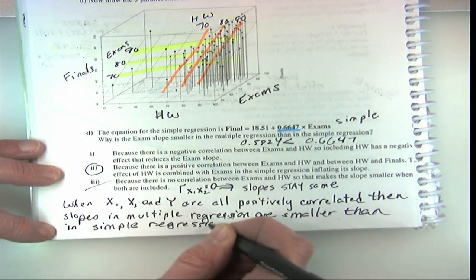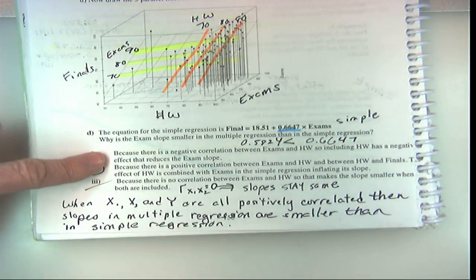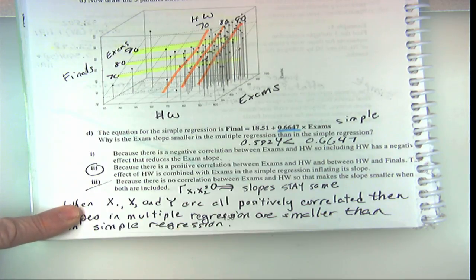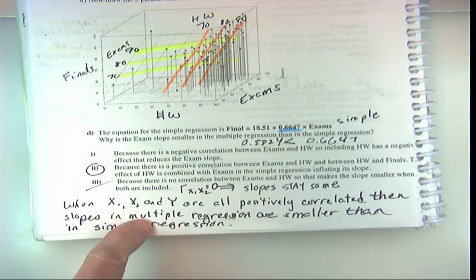That's the easiest to understand. It's harder to understand when there's a negative correlation. When there's a correlation, they're going to change, but how they're going to change is more complicated. When they're all positively correlated, it's very easy. The idea of partial slopes is very intuitive, so we focused on that.